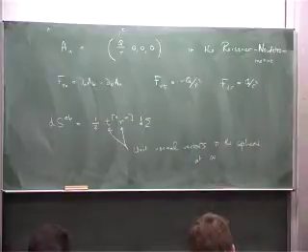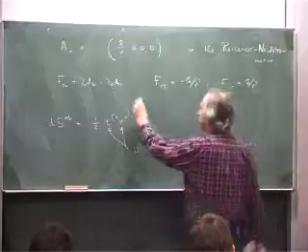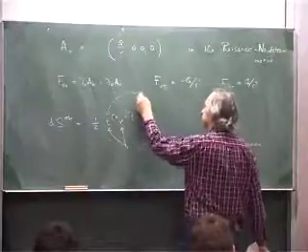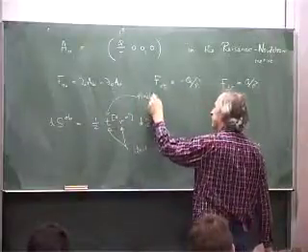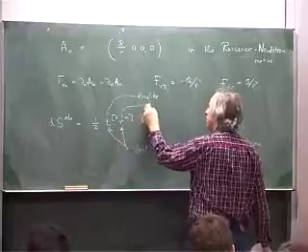T is going to be the time-like one, R will be the radial one.